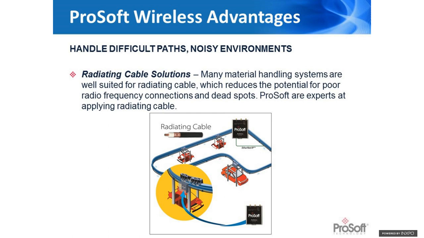We've used it extensively in this application, and it's something that we can help improve your application by deploying this. Again, application expertise is critical in making radiating cable systems work, and that's something that our team is very experienced with, so we can help you deploy that kind of a system.